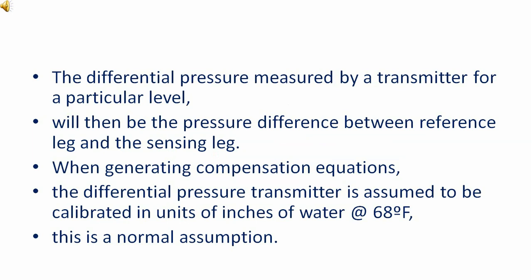When generating compensation equations, the differential pressure transmitter is assumed to be calibrated in units of inches of water at 68 degrees Fahrenheit. This is a normal assumption.